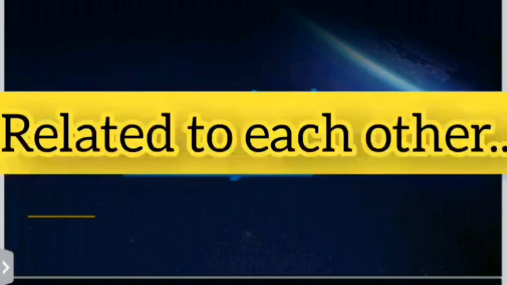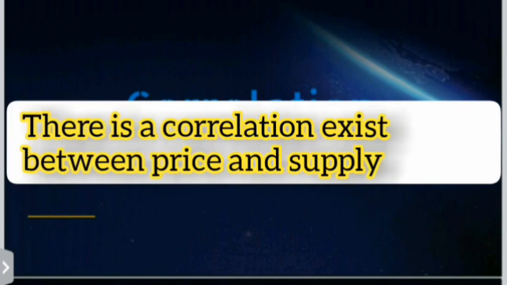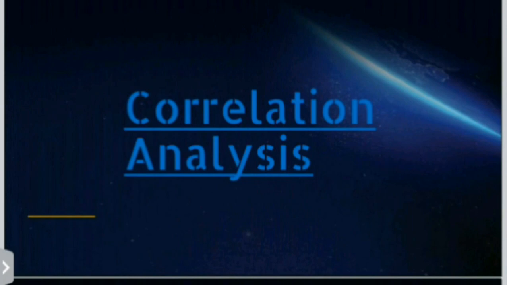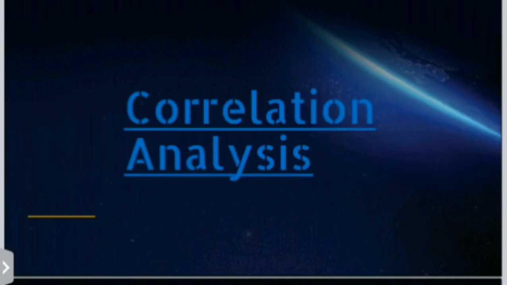So since these two variables are related to each other, we can conclude that a correlation exists between these variables. Okay, so once we know two variables are related, it will be easy to understand in what direction one variable is moving in response to the changes in another variable.